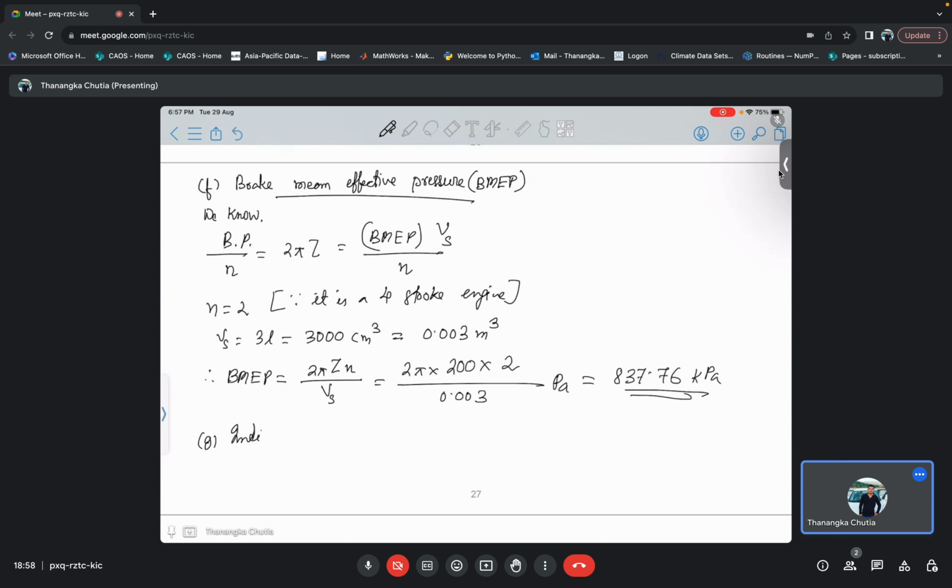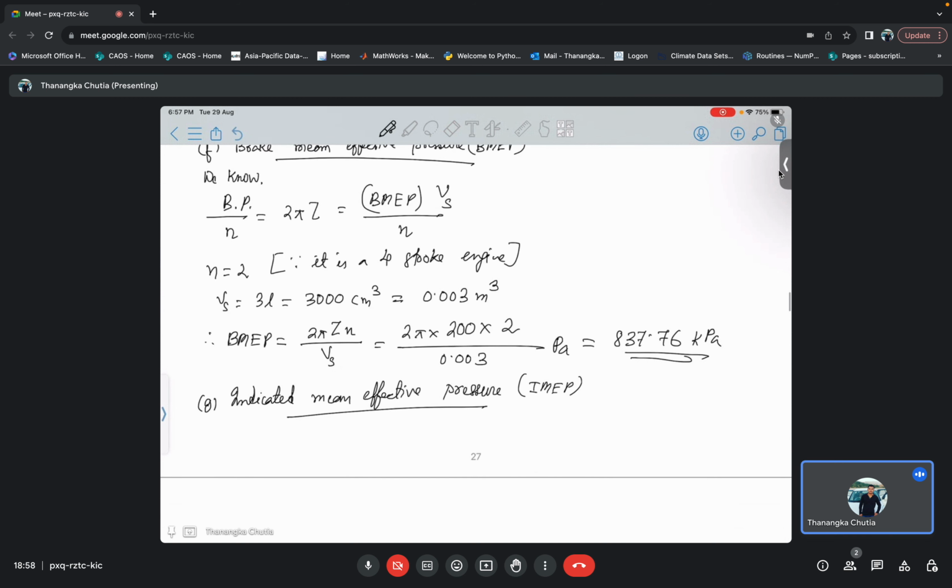Indicated mean effective pressure, that is IMEP. Similar to the brake power, you just divide it by the mechanical efficiency. So IMEP, that is indicated mean effective pressure, is nothing but brake mean effective pressure divided by eta mechanical.